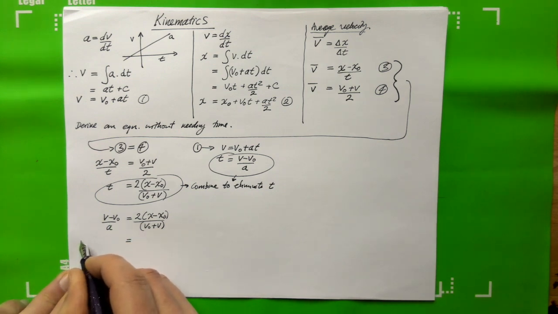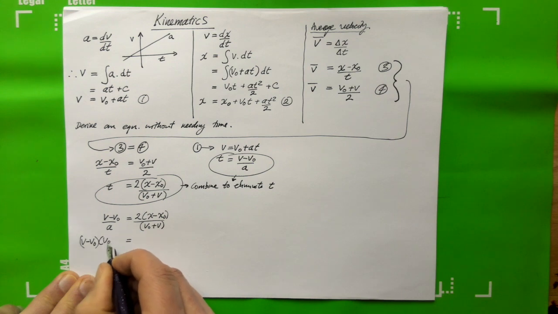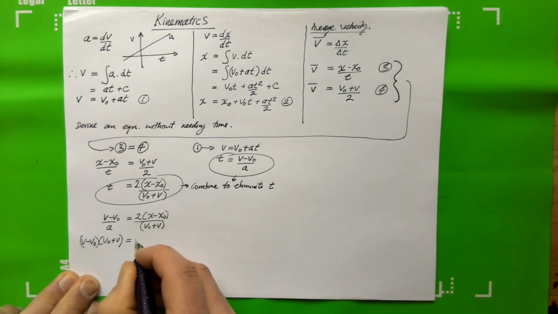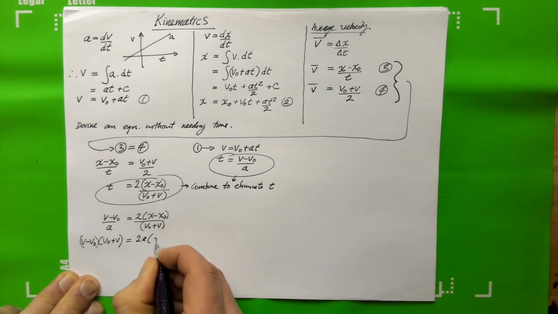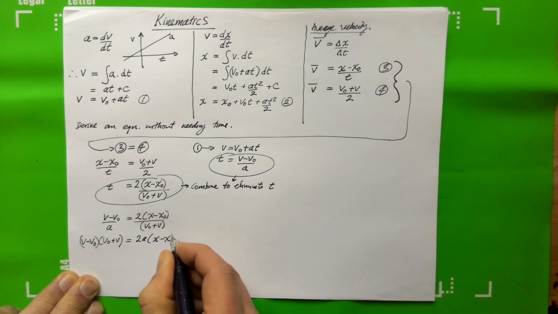So over here, let's collect all the velocity terms together. v minus v0 times v0 plus v equals 2a times x minus x0.